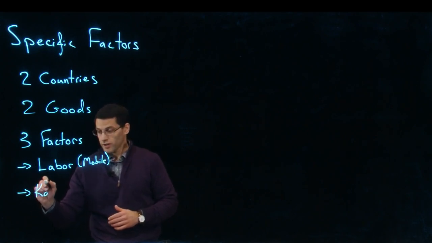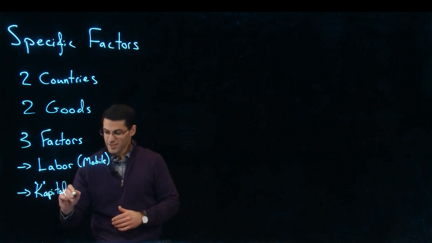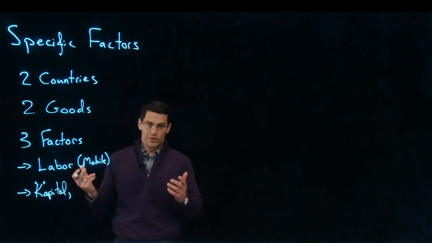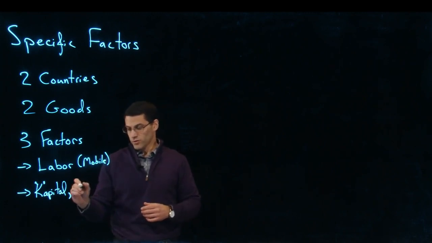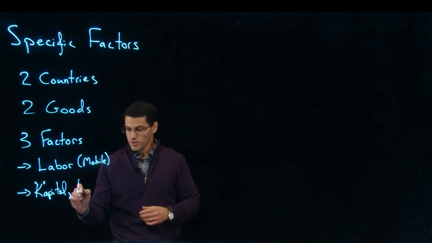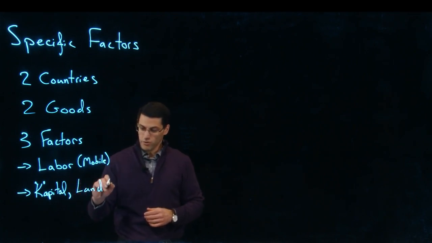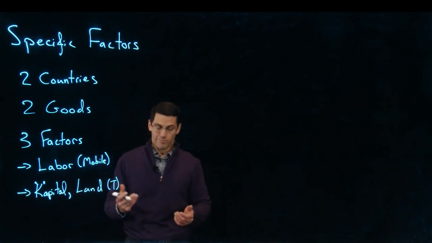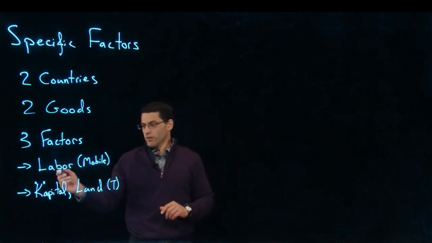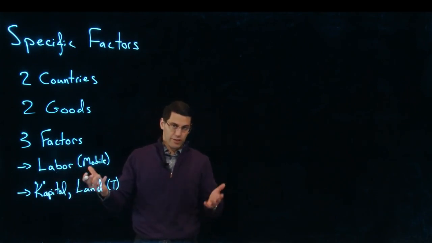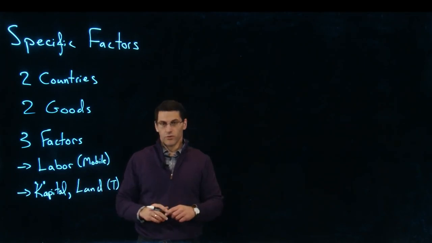Notice I'm spelling it with a K here for you, because we're going to use K for capital. And we're going to denote land with the T for terrain. That's the notation the book uses, okay? So L, K, and then T. Obviously, we can't have two L's, so we use the T for land for terrain.